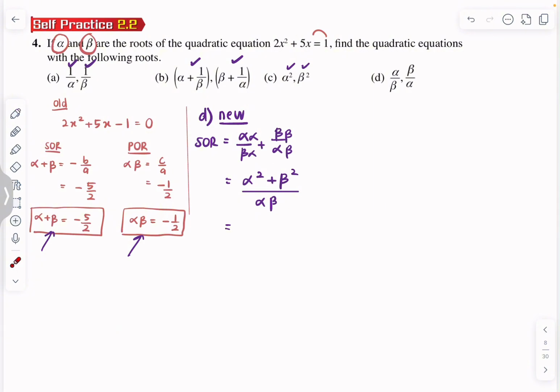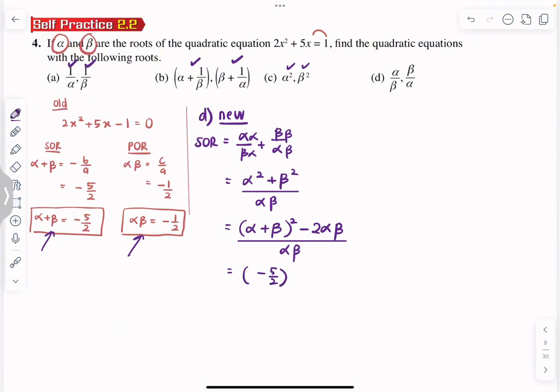Then if you remember the question earlier, alpha square plus beta square is alpha plus beta square minus 2 alpha beta. This is the one I told you guys to memorize. Basically, not memorize. If you understand it, you understand it. But if you don't understand, then you can memorize. Alpha square plus beta square will give us this over alpha beta.